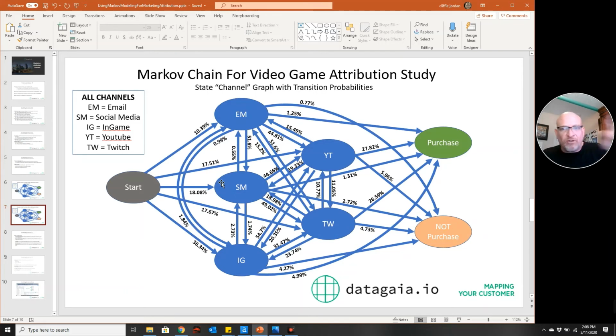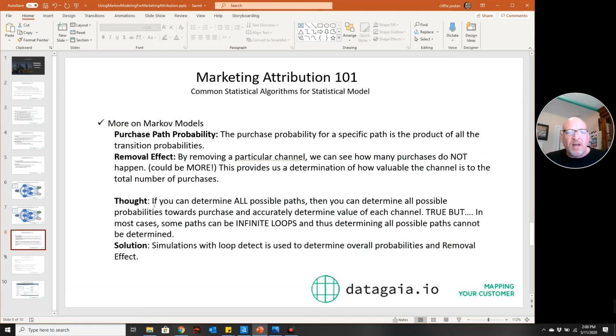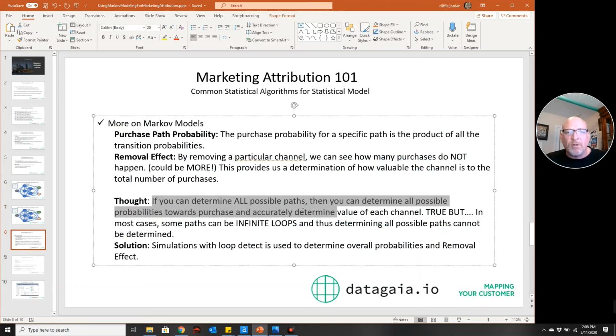You could just keep circling around and around and around, and that would be considered an infinite number of times, and that would be considered its own path. Or you could go an infinite number of times here, or half an infinite number, and then half an infinite number of times here. You get the idea. You can have an infinite number of these paths. So the thought is real simply, if you could determine all the possible paths, then you could determine all possible probabilities towards purchase and accurately define the value of each channel, which is true.